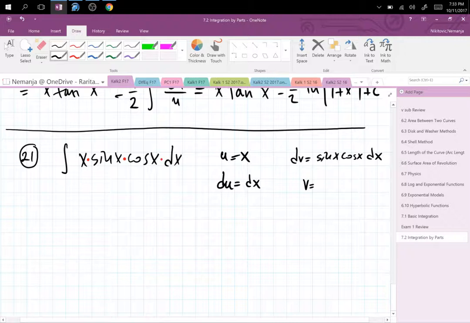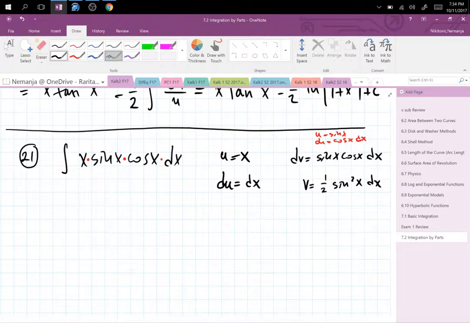It's coming up. So when we do U sub here, you pick u to be sine x and du to be cosine x dx. You quickly see that you get 1/2 sine squared x.